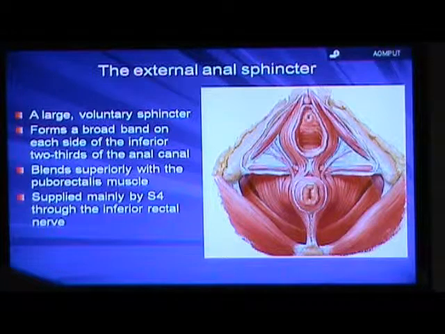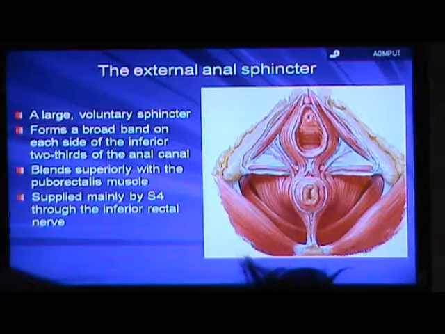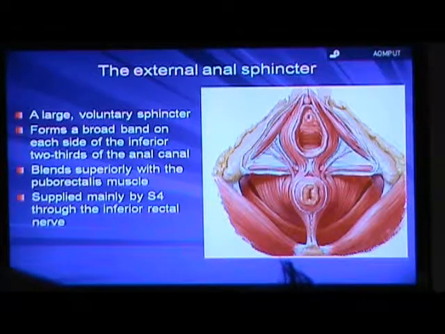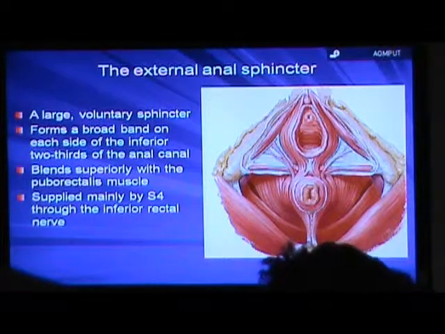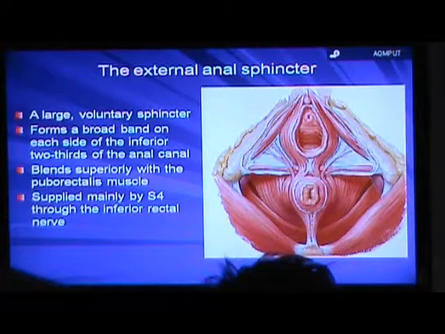So we have influence on it, yes? It forms a broad band on each side of the inferior 2/3 of the anal canal, blends superiorly with the puborectalis muscle, and is supplied mainly by S4 through the inferior rectal nerve.